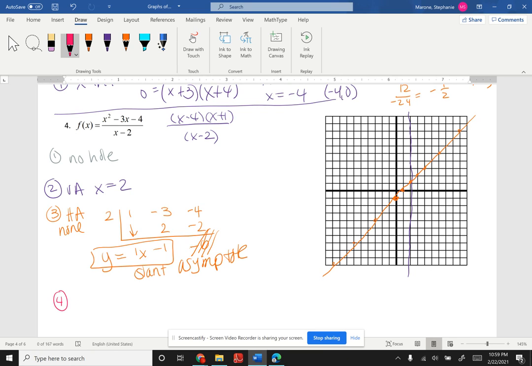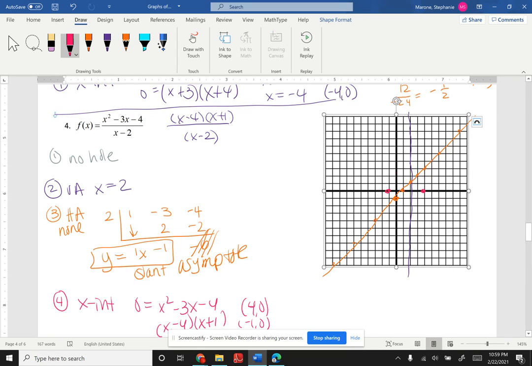So for this one we need the x-intercept. The x-intercept, we set the top equal to 0, and we solve it, and we already factored. We don't have any holes, so both of these are x-intercepts. And it's good that they're like that because they're in the two quadrants. I'm pointing to them like you can see them, the two quadrants.